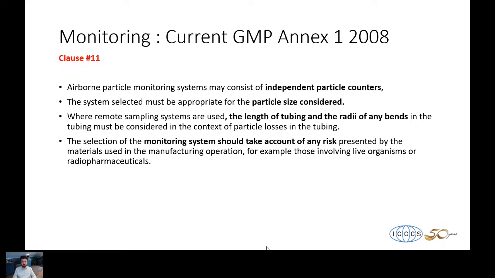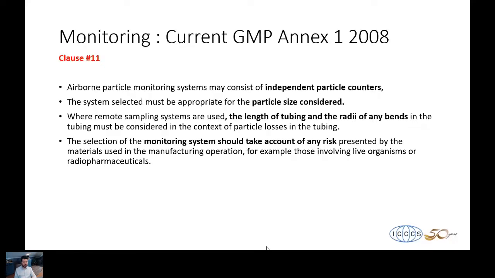Even if they remove it, I recommend you not to remove it, because having these 5 microns is an early indication of your HVAC system failure. That's why it's quite critical. And if you are using remote sample systems, the length of the sample tubing and the radius of any bends has to be considered as a risk point.